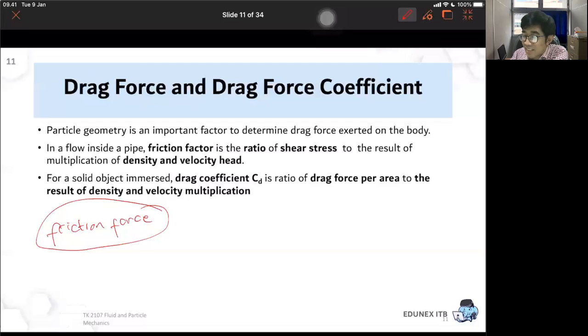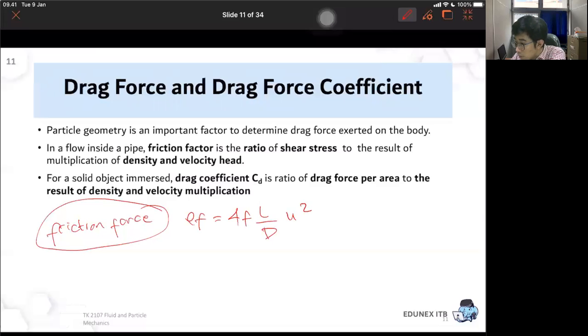Is it 4f times L over D multiplied by u squared over 2? Yes, this F is the force in terms of energy over mass, the specific friction energy. So you have this one: u squared over 2.